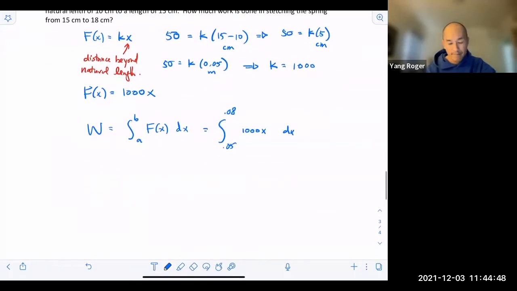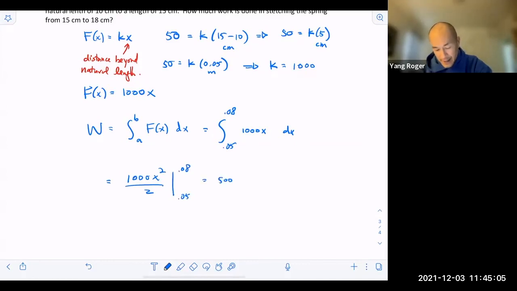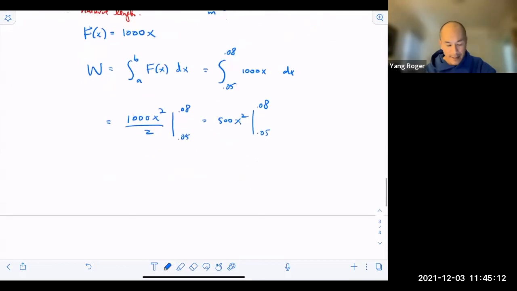Then I can evaluate this integral. The antiderivative of 1000x is 1000x squared over 2, evaluated from 0.05 to 0.08. That's equal to 500x squared, evaluated from 0.05 to 0.08. And that's going to be equal to 500 times (0.08 squared minus 0.05 squared).